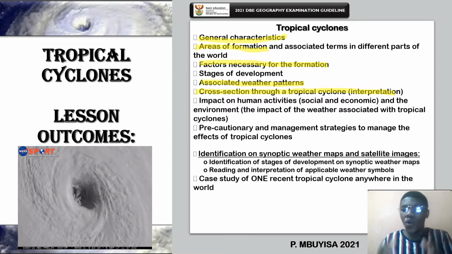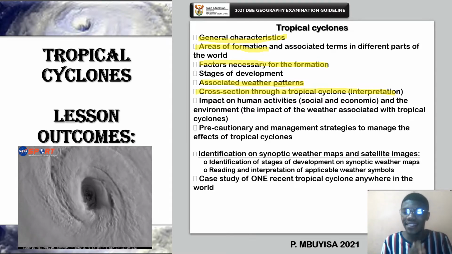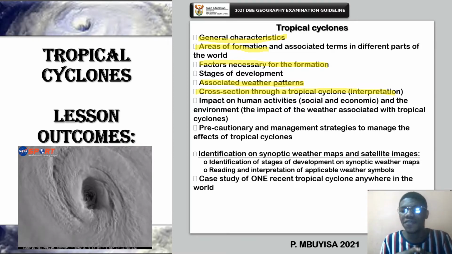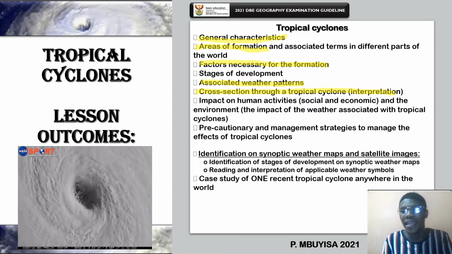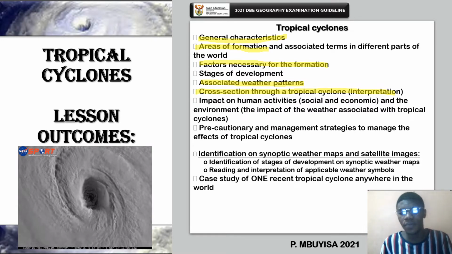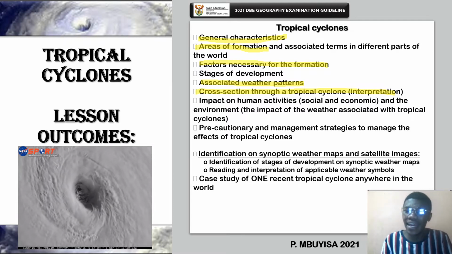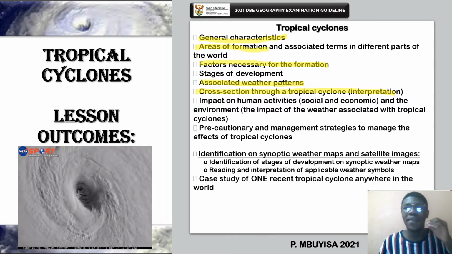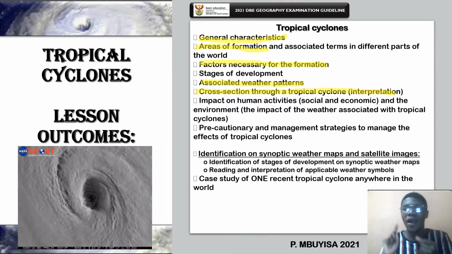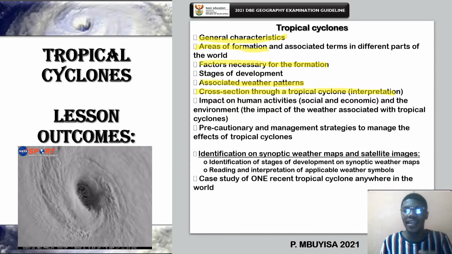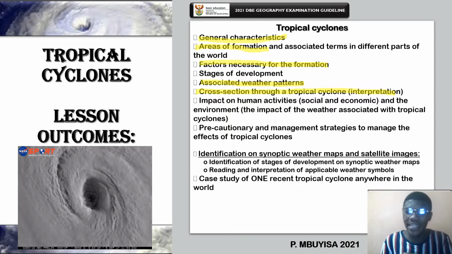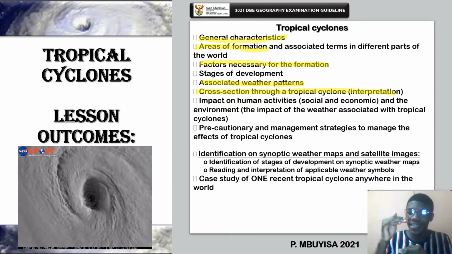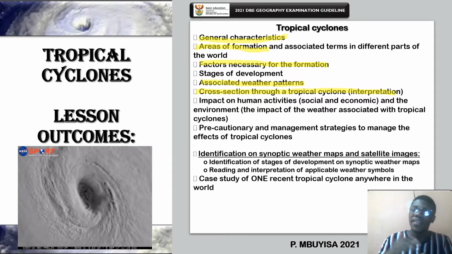Now, how is this assisting us in understanding general characteristics and our factors necessary for the formation of your tropical cyclone? Now remember, for a tropical cyclone to form, we always say that we need to meet certain conditions. Number one, we say that the tropical cyclone is supposed to form between 5 and 30 degrees from the equator.